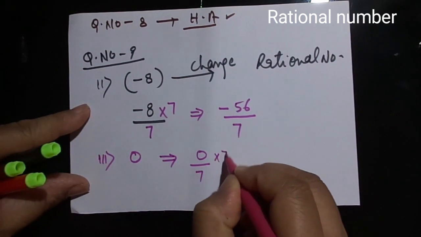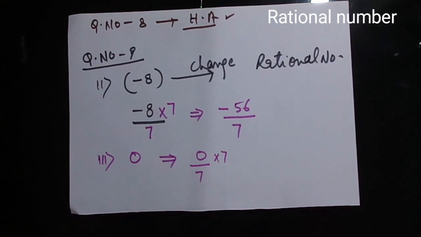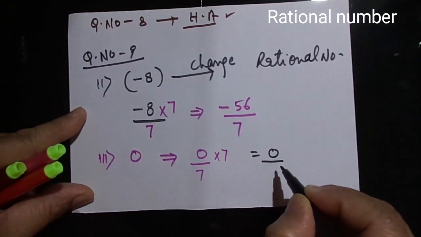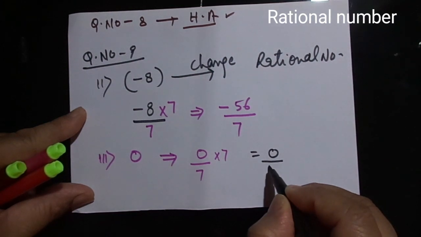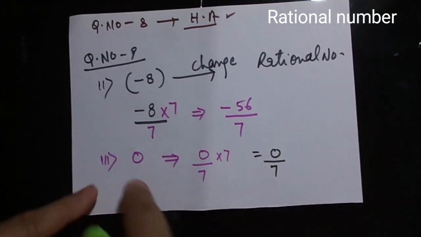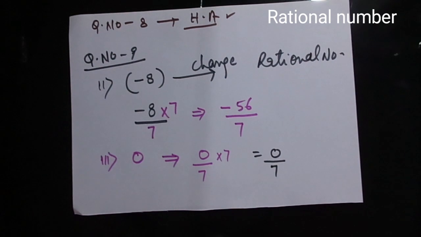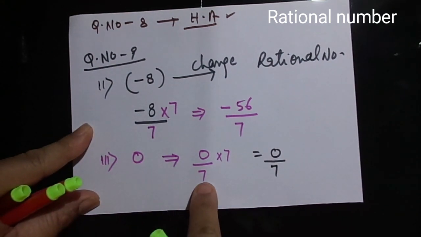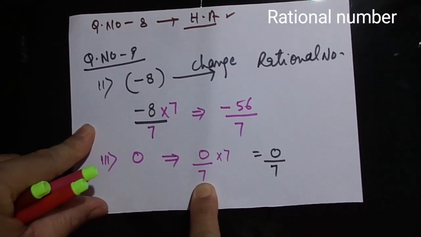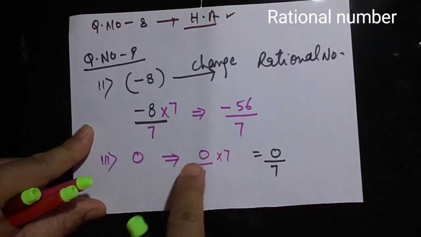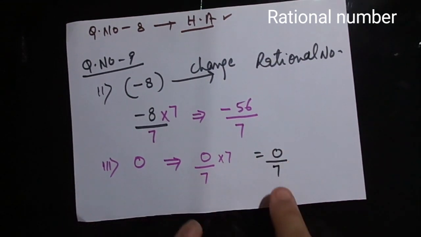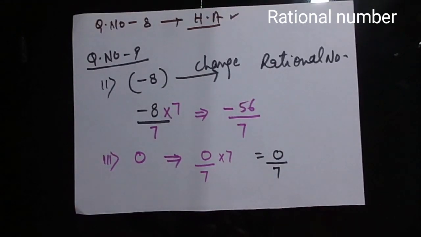Let me multiply here also by 7, and you get 0 into 7, which is 0 by 7, and you know 0 by 7 is equal to 0 only. Once again, this 0 should have a denominator 7. Let me multiply it by 7 also. We multiply the values on the numerator, we get 0. So 0 by 7. This is how we explain.